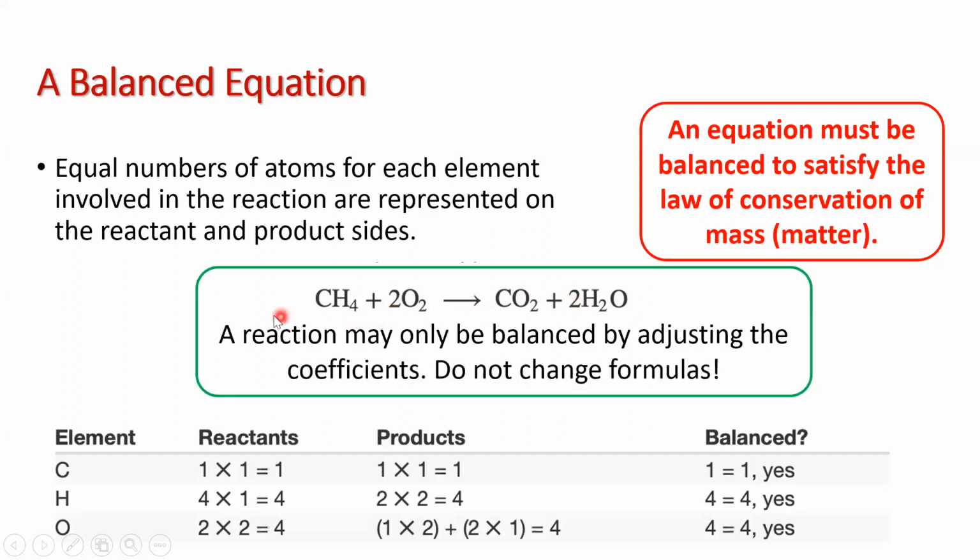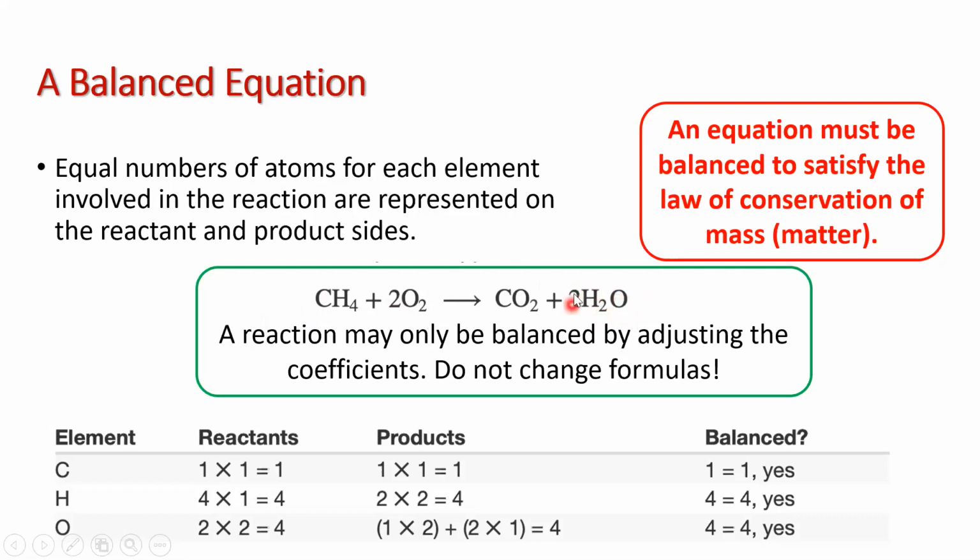Now, an important thing is when we balance equations, the only thing we can adjust is the coefficients in front of all the formulas. We can't change what the formulas are themselves. Okay, so we couldn't make this a 2 and make it H2O2. That's not water anymore. Or H4O2, that's not water.